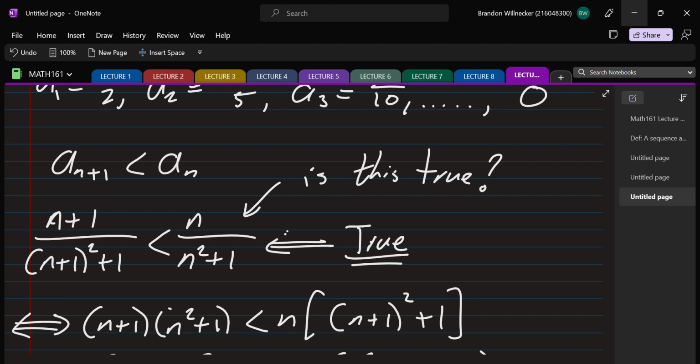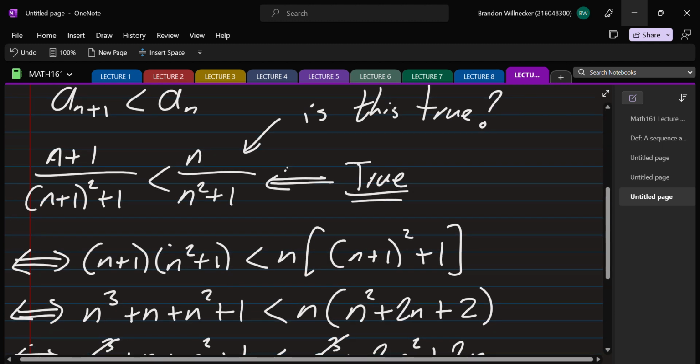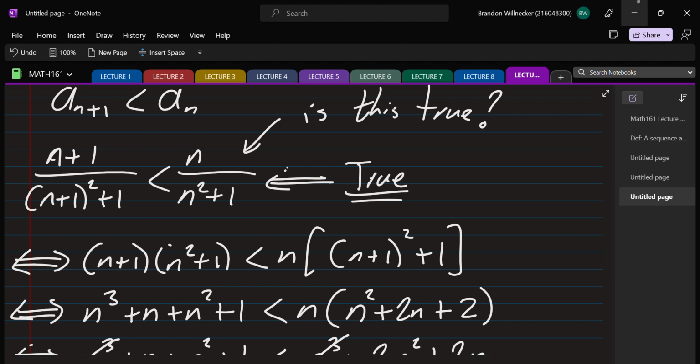Okay, so this is another method that you can use to show if it's increasing or decreasing. So you can use the ratio and test if it's less than 1 or bigger than 1, or we can start out with the inequality and see if it's true or false. It doesn't matter which way the inequality goes, because here it was less than, and then we showed it was true. If we get to something which is false, then we know that we need to swap that around.